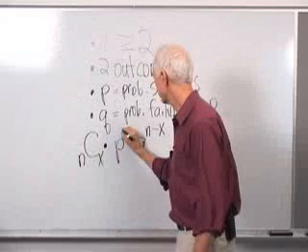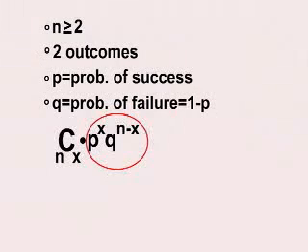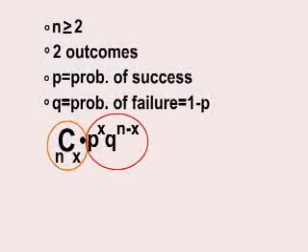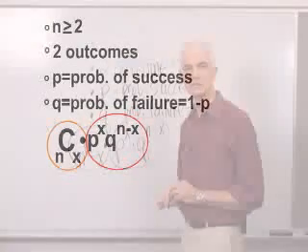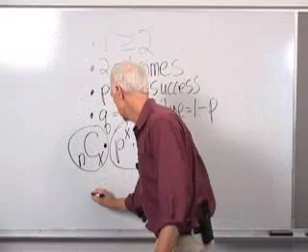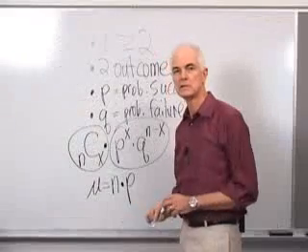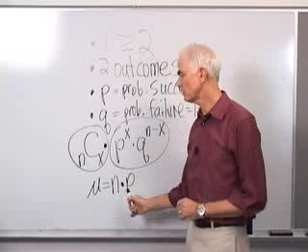With this portion of the formula yielding the probability of an individual sequence, and this portion of the formula telling us how many sequences. The other thing we learned today then is that the long-run average, or the expected value of a binomial distribution, which is mu, equals n times p.